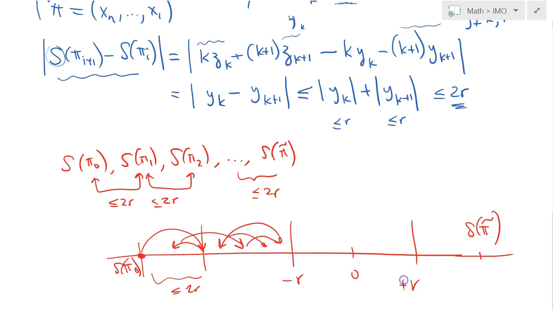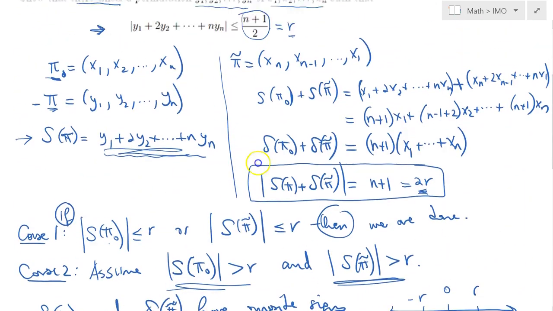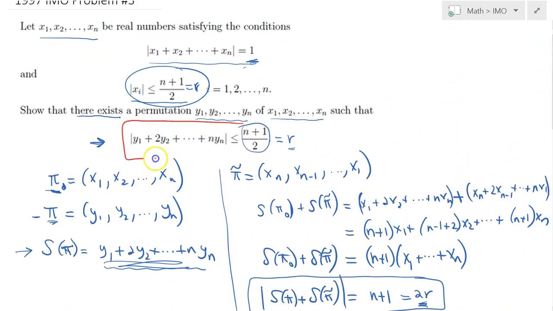So eventually, before we can reach this last guy, we need to make a jump inside this range. There's no way you can jump from here all the way to the outside to eventually reach this place. So eventually there must be a step where we jump inside this range, but once we jump inside this range, that's it. We have found the permutation which satisfies this desired condition.